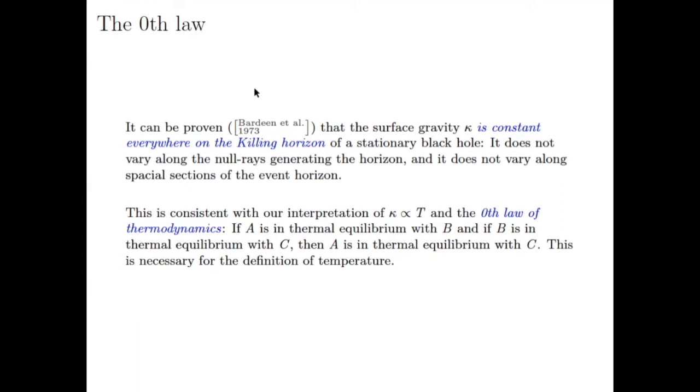Like, it does not vary from one light ray to another. It's just constant. And this is, in a sense, an analog result to the zeroth law of thermodynamics, if we identify kappa with temperature. The zeroth law usually states if A is in thermal equilibrium with B, and if B is in thermal equilibrium with C, then A is in thermal equilibrium with C.